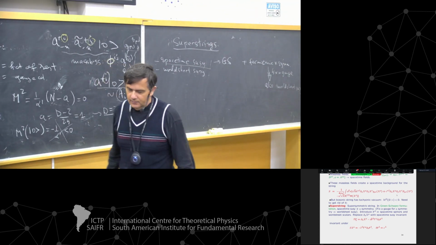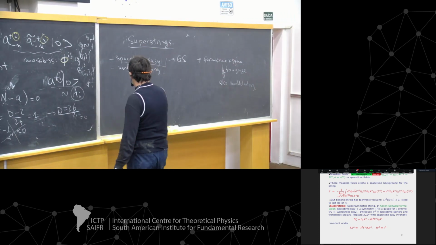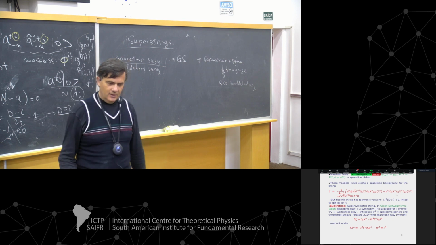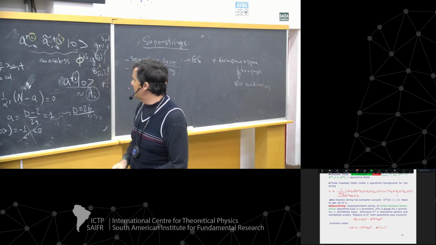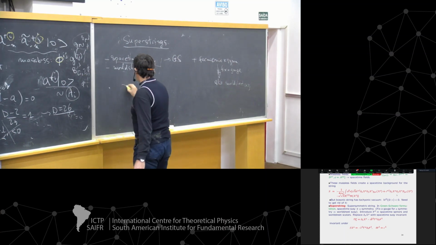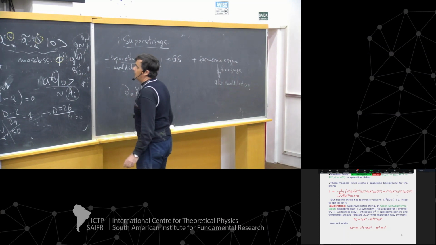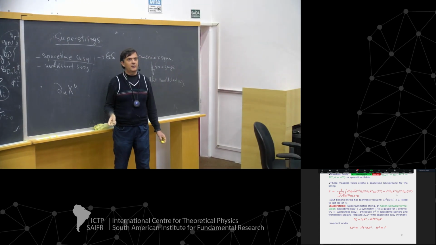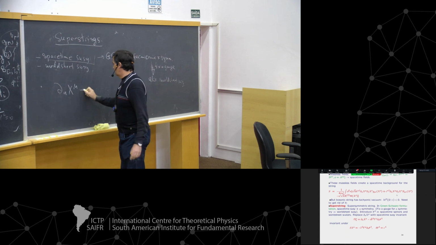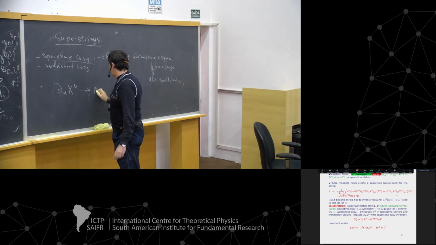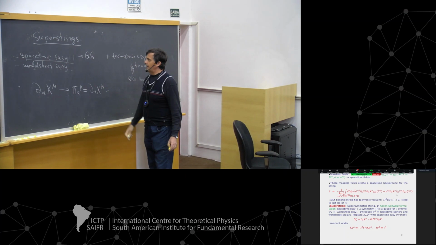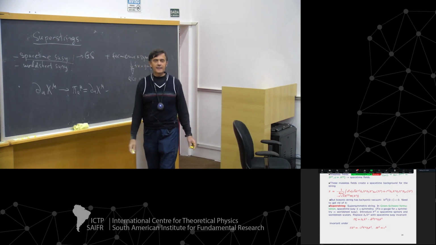All right, so let me just quickly show you how we can have such a supersymmetry in space-time. Well, in the Nambu-Goto action, we had this object, the derivative of x mu. So now we write a generalization of this where I add an extra term that is quadratic in some fermions.